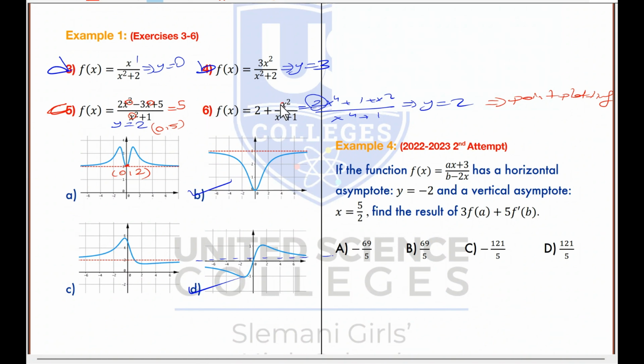Sixth one, when you put 0 for x, you are going to get 2. So (0, 2) works for 6. So A is for 6, C is for 5 then. So after we determine the horizontal asymptote, if we are between two options, then we use point plotting. Alright.